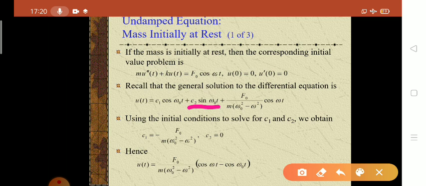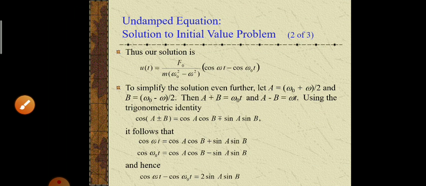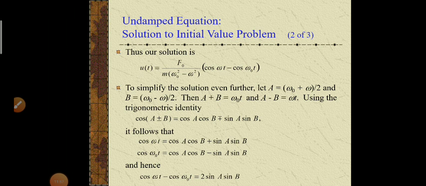Why? Because the value of C2 is equal to 0. Now we have our solution. Thus our solution for the undamped equation is u t is equal to f0 divided by m into omega 0 square minus omega square, times cos omega t minus cos omega 0 t.